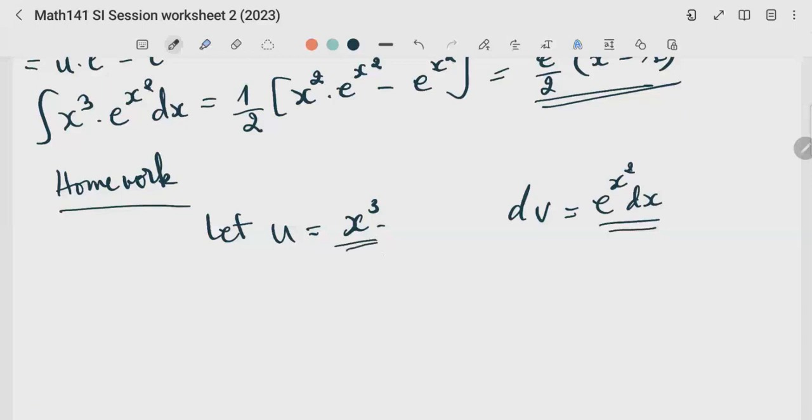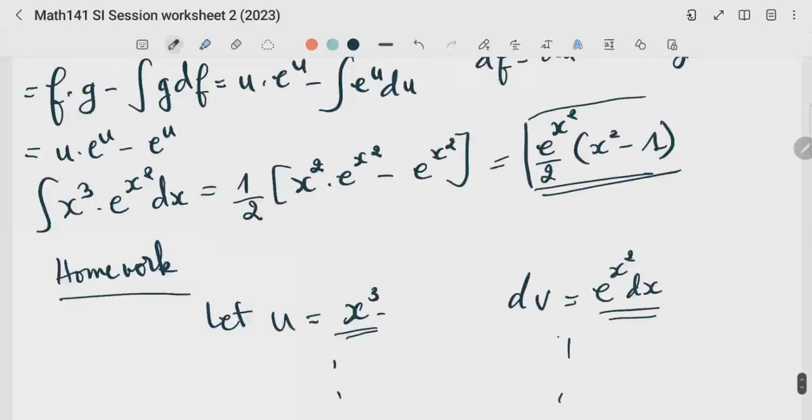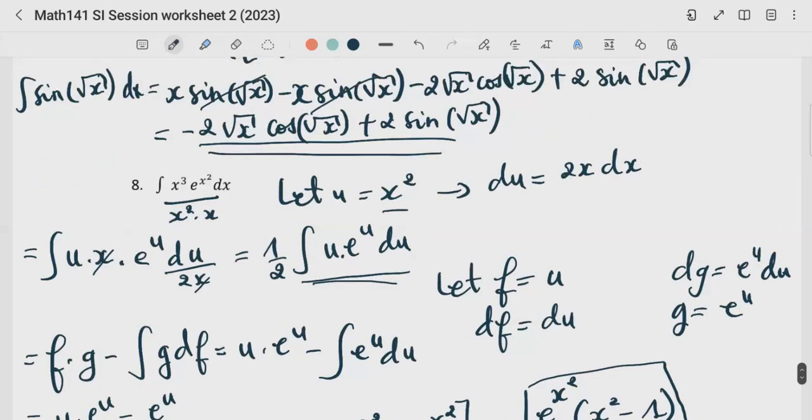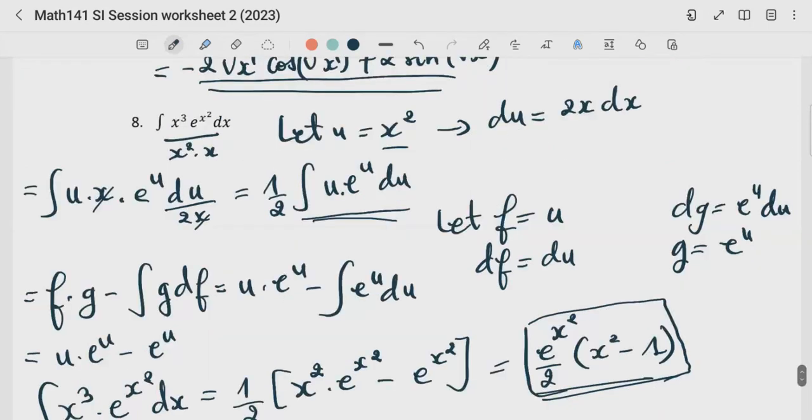So I want you guys to attempt this and keep going. See how long it takes you to get to the final answer, because you already know what the final answer looks like. So if whatever your calculations here get you is not the same as this one, then you know there's a mistake somewhere, right? So I want you guys to attempt it as homework and let me know how it works out, right?